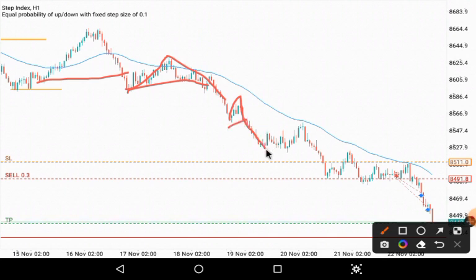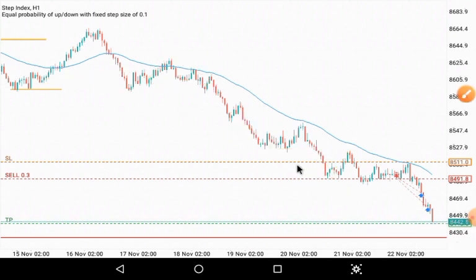Price came to this point, started pulling back, then came back again, taking out the structure, and this is the last structure it took out by the time I met it. By the time I met it, price was pulling back, so I expected price to pull back at least 50% of this move.